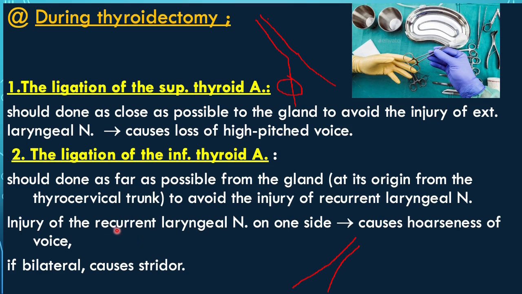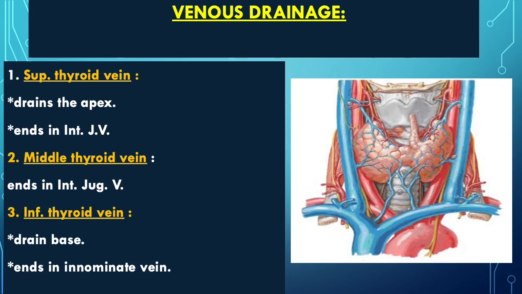If we cut or injure the recurrent laryngeal nerve, we end up with hoarseness of voice. And if it is bilateral, unfortunately we will have stridor and complete loss of the voice. Okay, so that's important to know as applied anatomy of the thyroid gland.